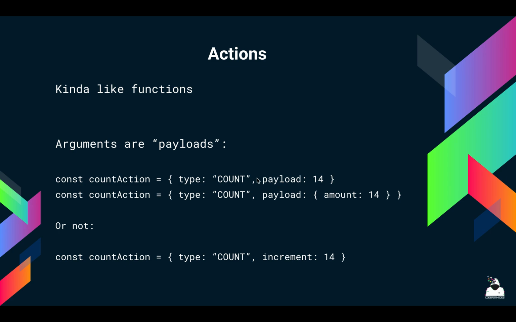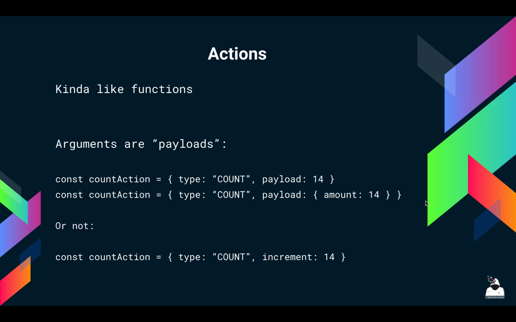Now, this is where there are fewer conventions, where an action must have a key of type and a value can be anything. The rest of the structure of the object is up to you. So often you might have a separate key of payload, which is the argument that you'd pass to this function. So I want to count and I want you to use the number 14 when you're counting.